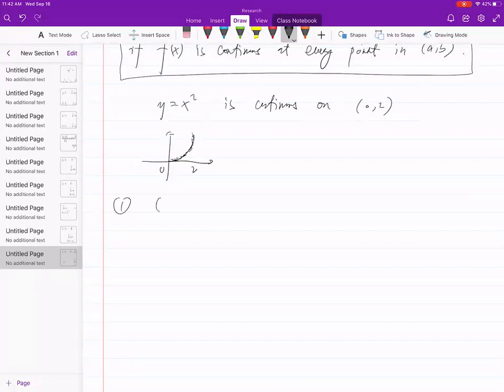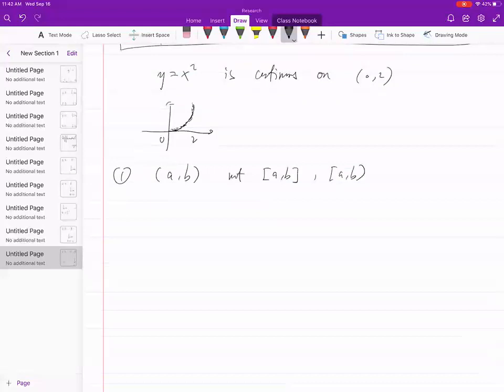Cool. What's wrong with it? Pay attention here. Number 1, why (a, b) instead of [a, b] with a bracket or maybe a half bracket? Why do you want something open, not closed? If you think about it, this is a, this is b. Is it continuous here? Of course.